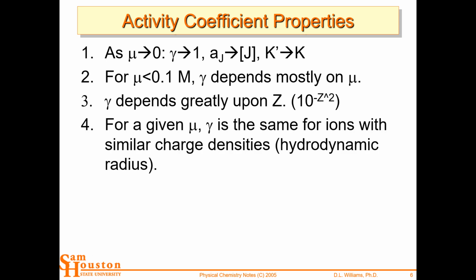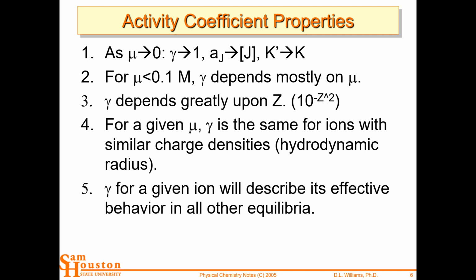And then for a given ionic strength, gamma is the same for ions with similar charge densities. So if you think about this, this is a 2+ charge, but its effective diameter would give you a charge density, right? It's a charge in a space. And so if ions have the same kind of charge density, they'll behave the same. But they may have the same charge, but a different charge density.